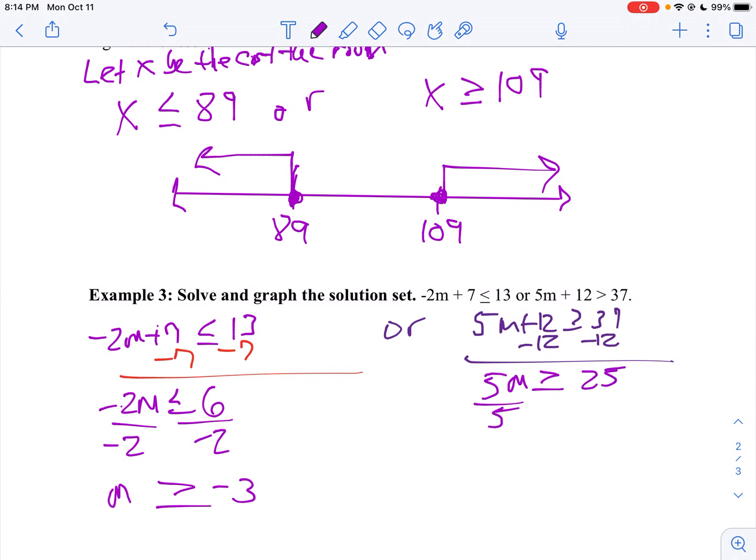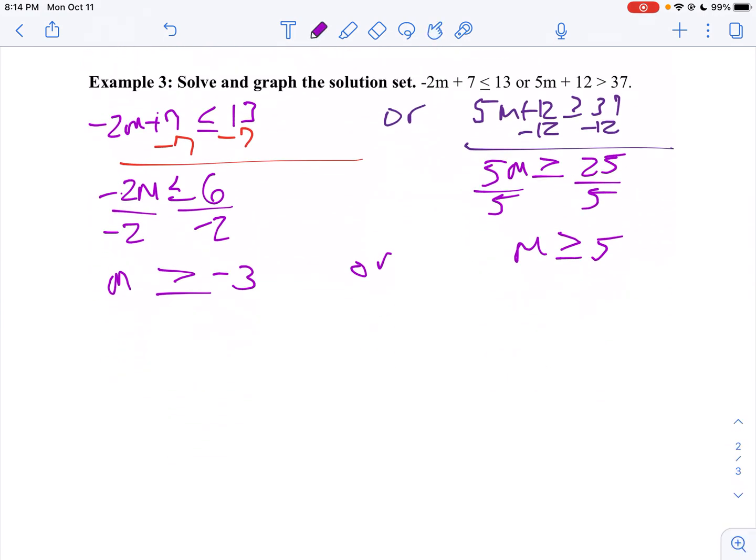Divide both sides by 5. M is greater than or equal to 5. So what I'm going to do, I'm going to put both these numbers on the number line. In other words, my number line has to contain the number negative 3, and it has to contain the number 5.